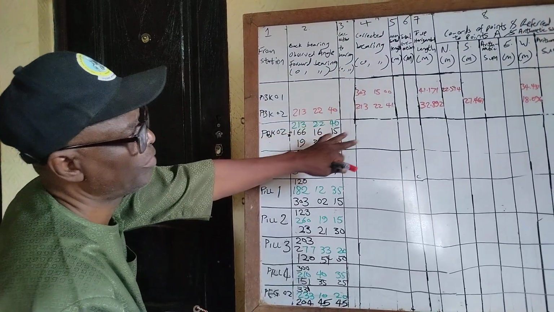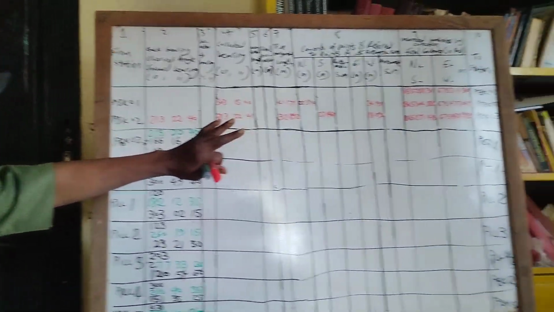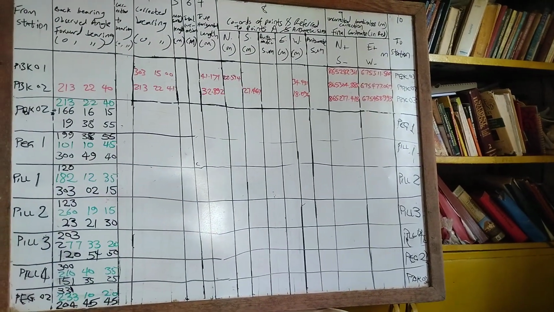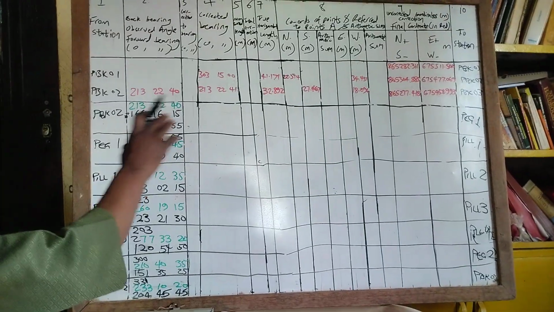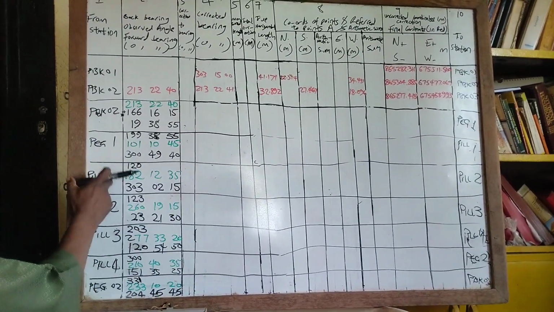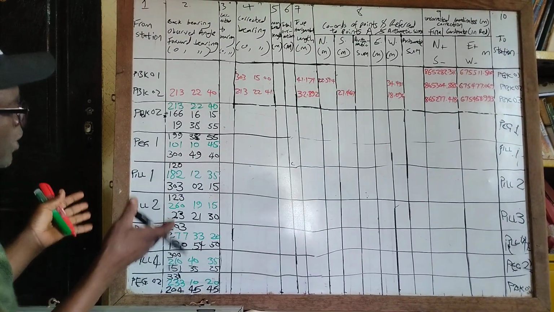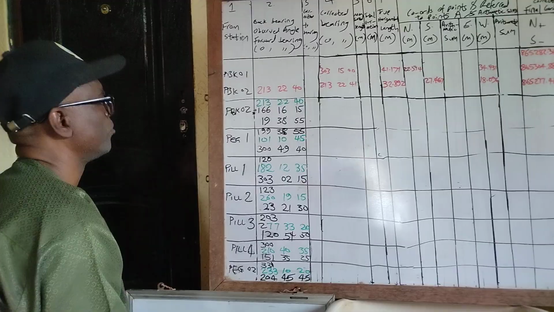So in this exercise we have PPK 01, 02 and 03 as known points, and then we are trying to coordinate pillar 1, pillar 2, pillar 3 and pillar 4. That's the exercise in which we have found ourselves.